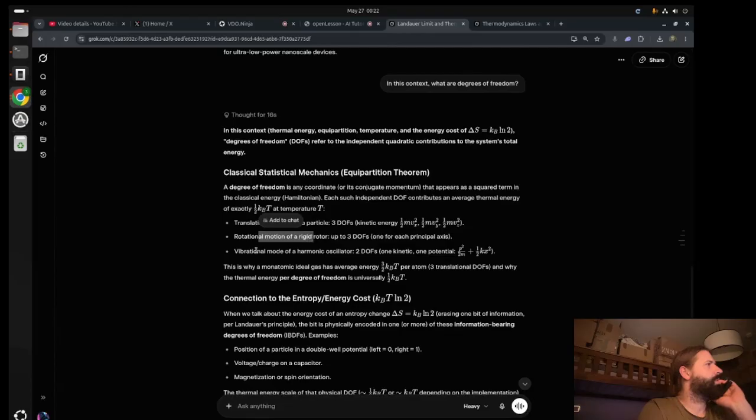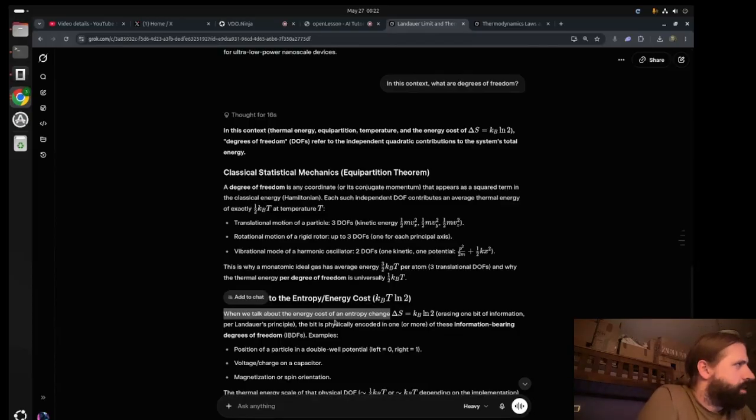Rotational motion, the vibrational mode of a harmonic oscillator. When we talk about the energy cost of an entropy change, that's the interesting part.